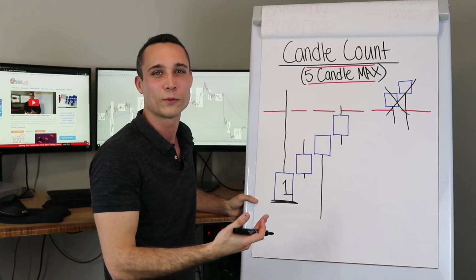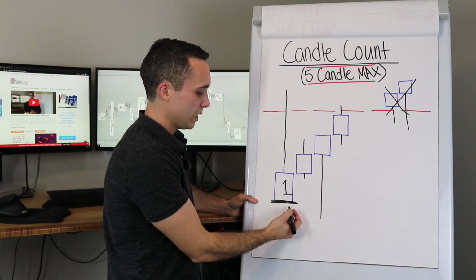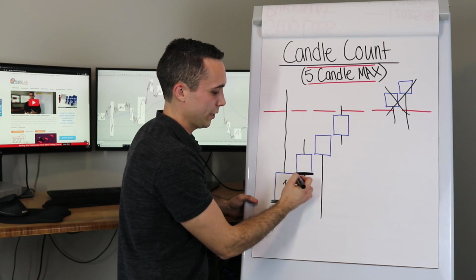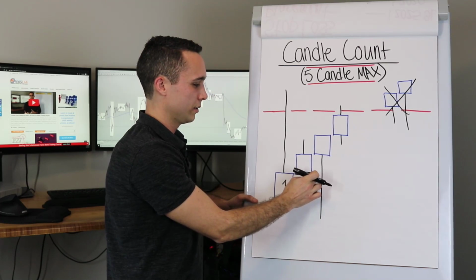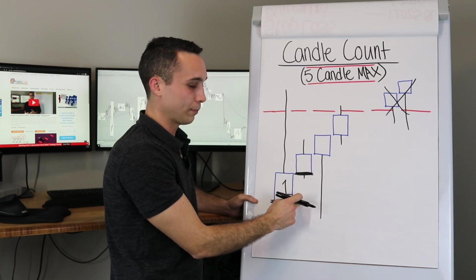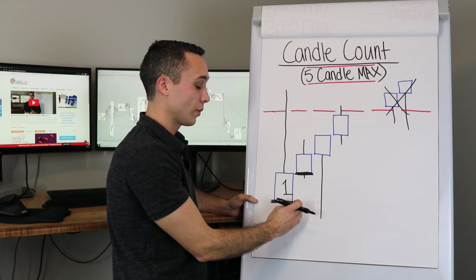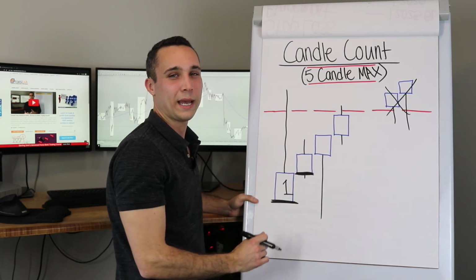It sounds backwards, but there's not really another way to say that. So when the next candle produces a higher candle body low, in other words, the low of that candle body is higher than the previous candle body low, when you create a higher candle body low, that resets the count.